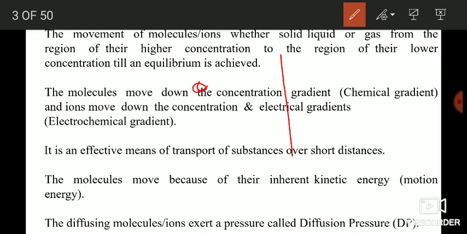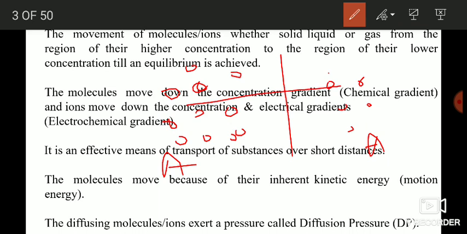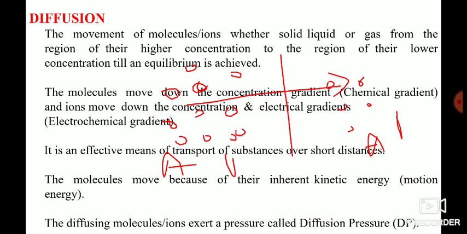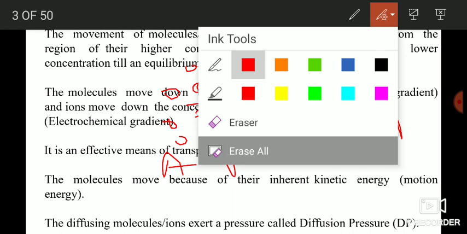This side contains a higher concentration of substance A, and there is a low concentration of substance A. The particles of substance A will move in this direction till an equilibrium is achieved, till this side and this side get an equal number of particles of substance A. This is diffusion: the movement of substances from higher concentration to lower concentration till an equilibrium is achieved.